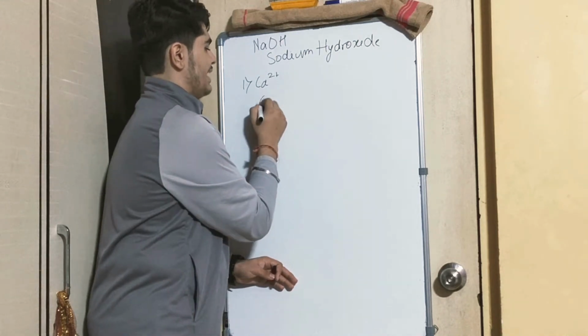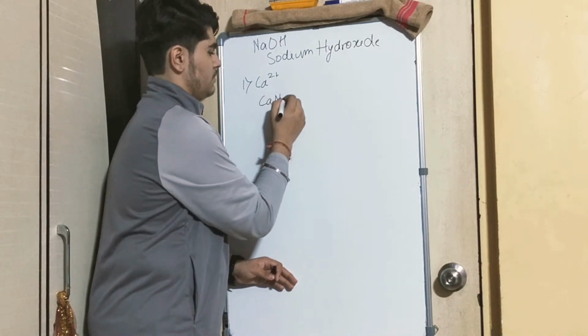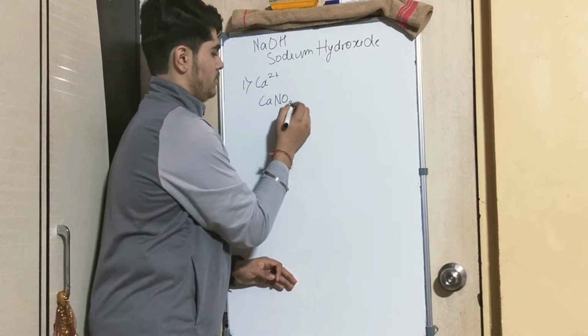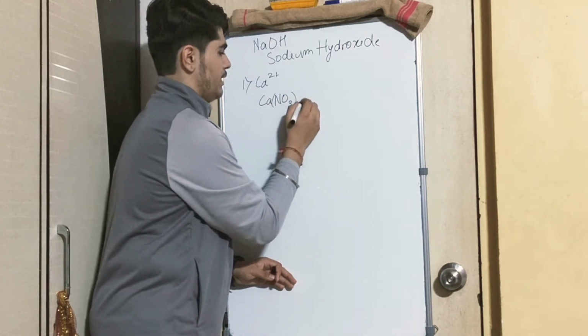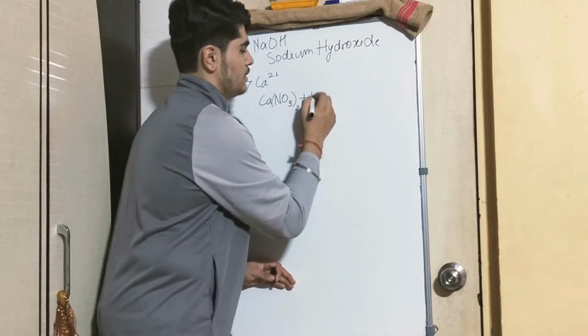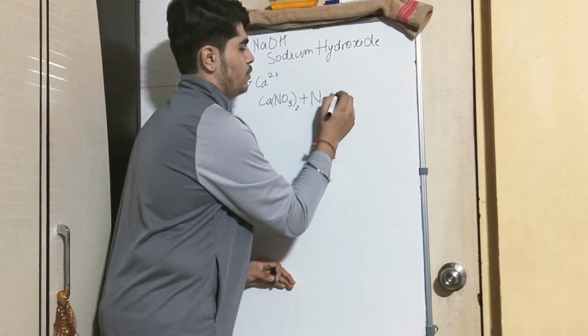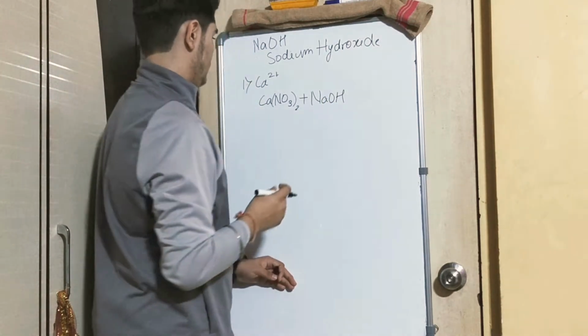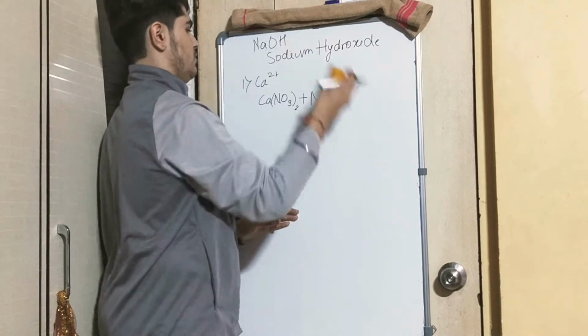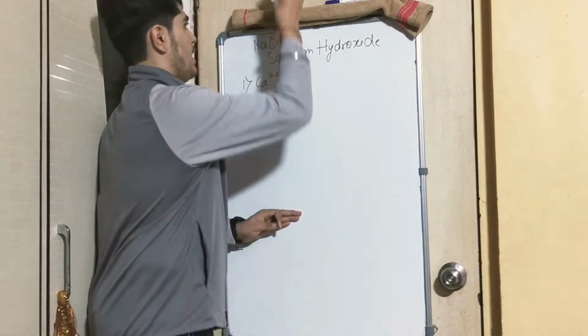We are going to take calcium nitrate, Ca(NO3)2 plus NaOH. Okay, the space is not enough. I'm writing it from here.